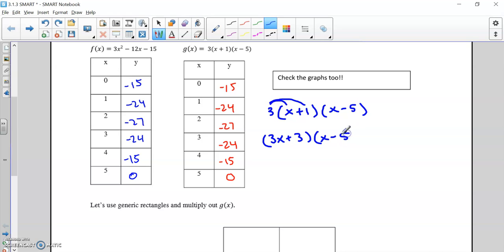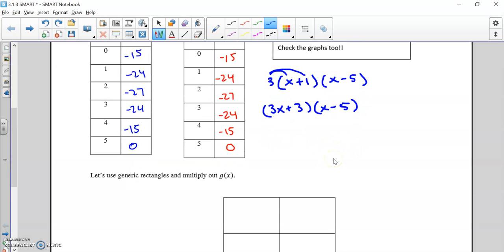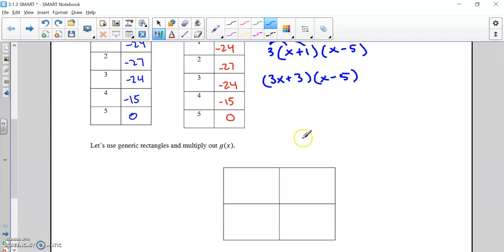At the end of the day, we are going to multiply these parentheses, so that 3 that I only gave to the first set is going to get multiplied to the second set. So don't jump the gun and multiply the 3 into both sets of parentheses, because that will not be good news. All right, so now that I have this is what I will put on the outside of my box.